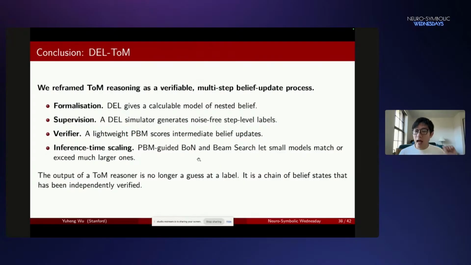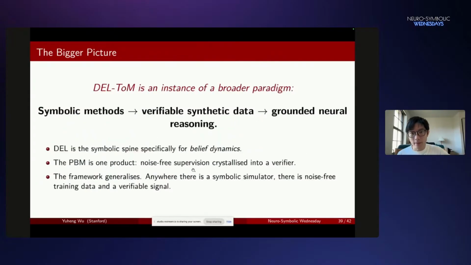Okay, so in that case, the output of theory-of-mind reasoning is no longer a guess at the label, right? It's a chain of belief states that has been independently verified. And let's say DEL is just an instance of a broader paradigm, right? We can use symbolic methods to generate lots of verifiable synthetic data, and we can use this data to train models, right? Then we will have better neural reasoning.